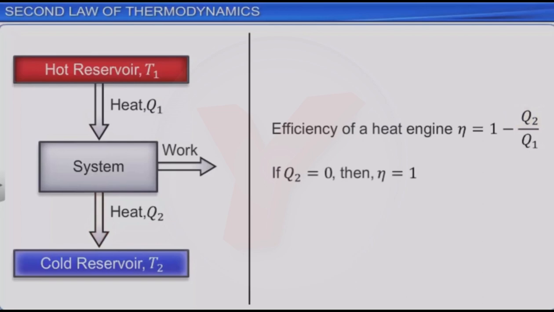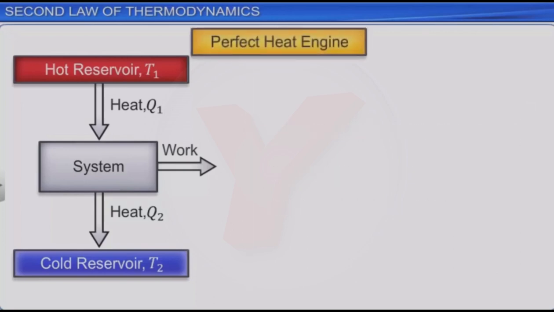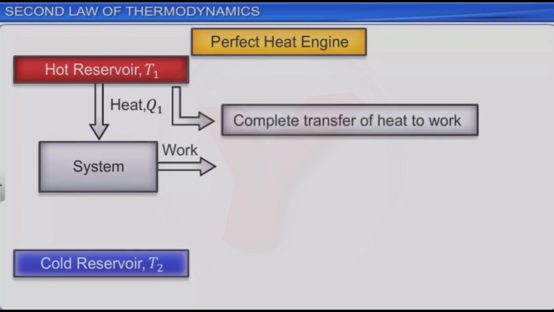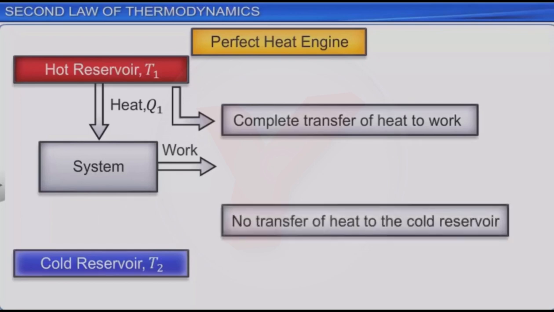If Q2 is equal to 0, then the efficiency of the heat engine is 1 or 100%. Such a heat engine is called a perfect heat engine. This means a perfect heat engine can convert all the heat absorbed into work without any transfer of heat to the cold reservoir.